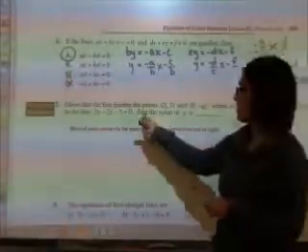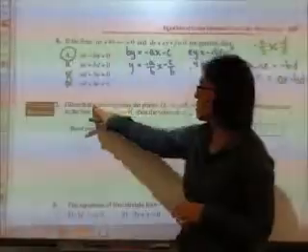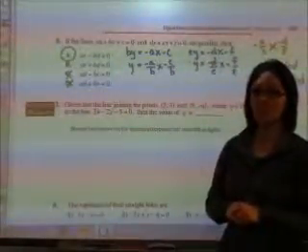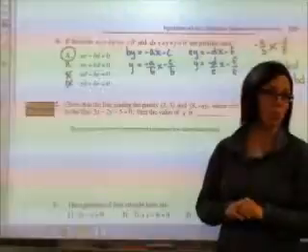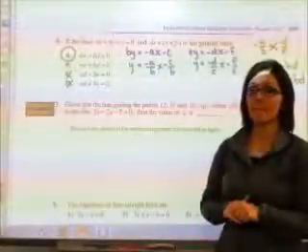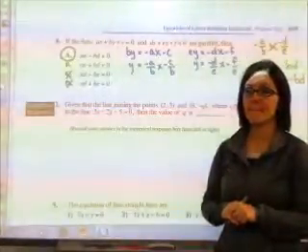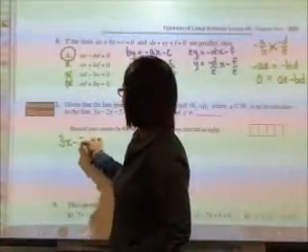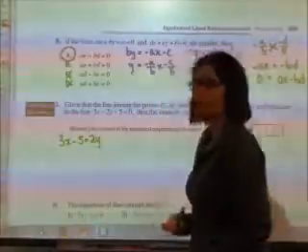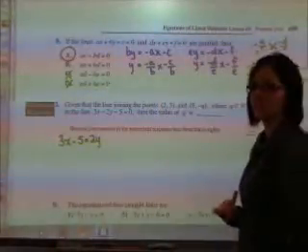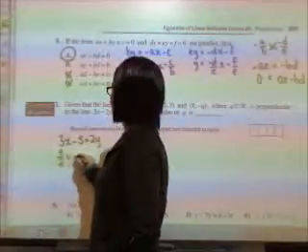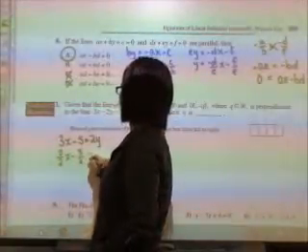So let's start off with this equation and figure out what the slope of this equation is. So how would I start with that? What would I do with this 3x minus 2y minus 5? Put the y to the other side to make it positive. And then what? Divide by 2. So 3 halves x minus 5 halves equals y.